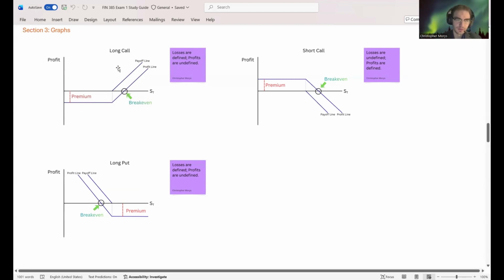So let's start with the long call. Here in a long call, your losses are defined by the premium you pay to the seller. And as that underlying stock price increases, your payoff or your profits start to increase.